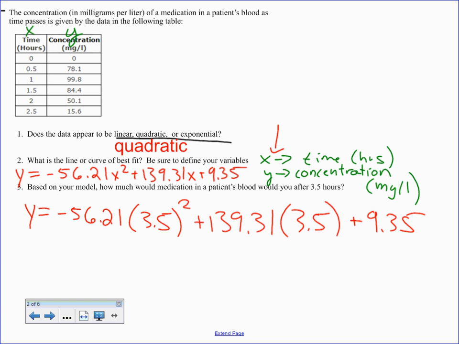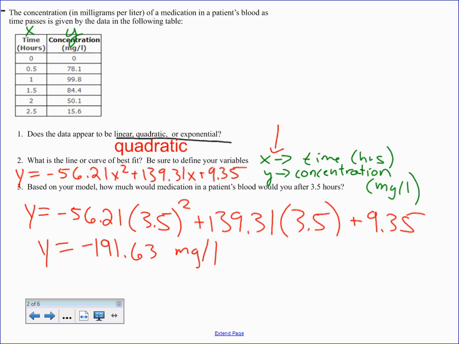You're going to have to give me a second to put it in the calculator. I get y equals negative 191.63 approximately milligrams per liter.